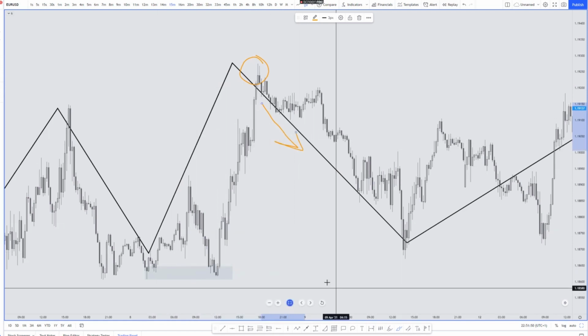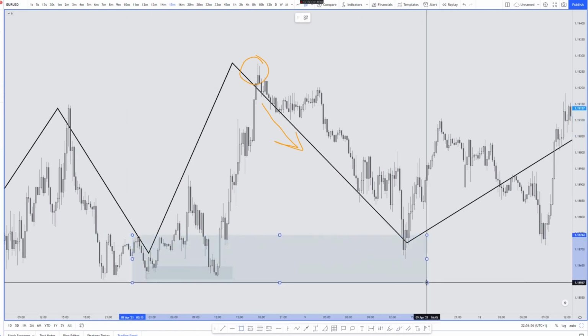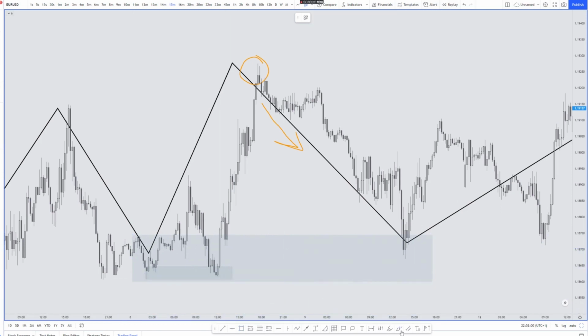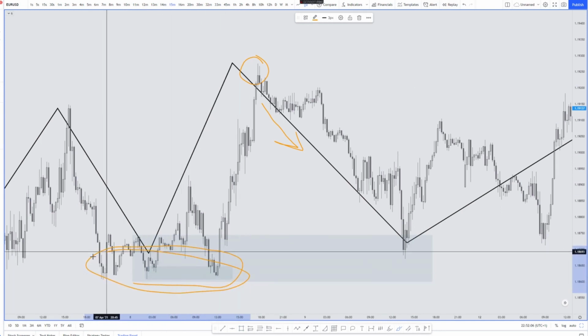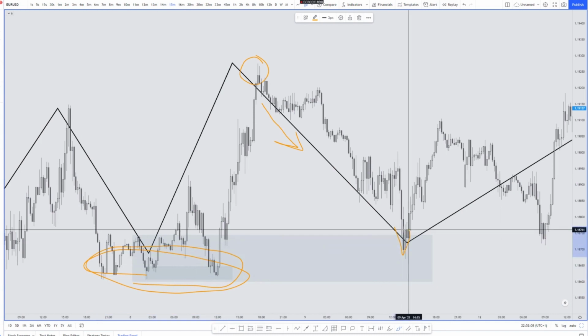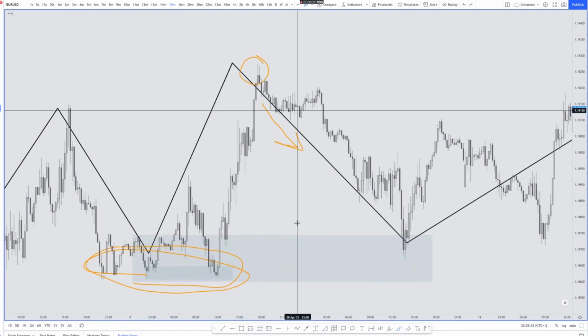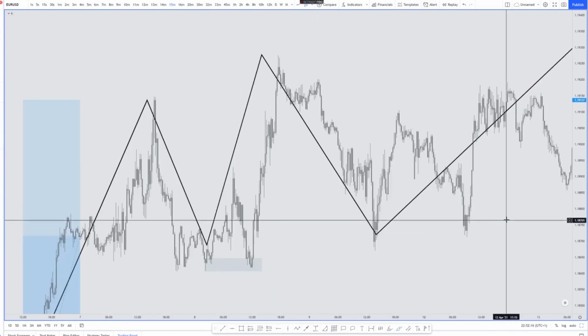Now, on the 4-hour, this would be a very much larger demand zone, but my expectation is if the bullish trend is to continue, this is to stay intact. So when price gets down here to the extreme, we can start thinking about buy ideas with expectational order flow.